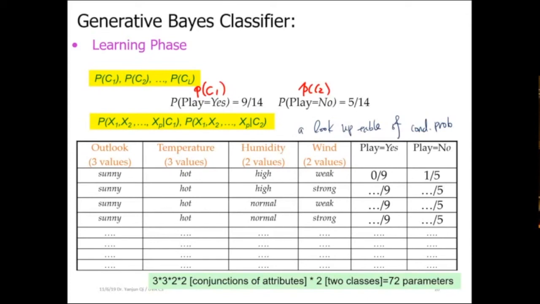For the yes cases, you put counts here over all the possible yes cases. And how many of this combination exist in the training table for the no cases, you put a count here, and you put the number of no cases as the denominator. This is how you get that conditional probability.